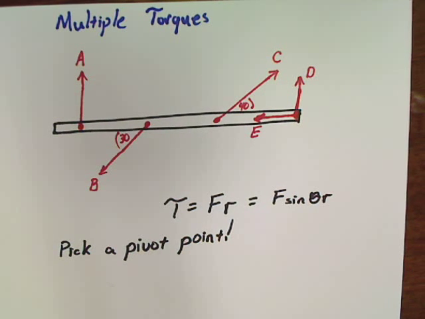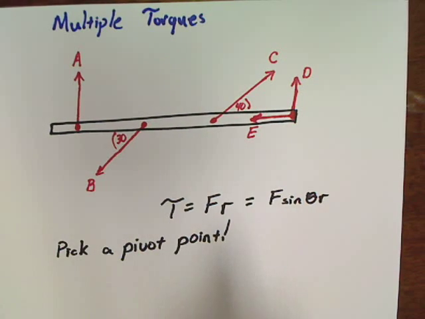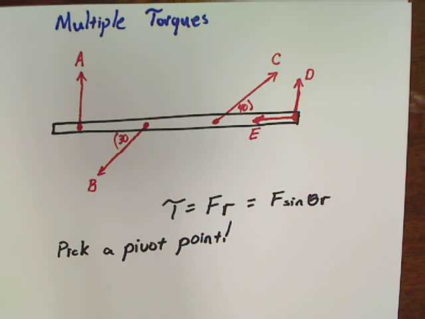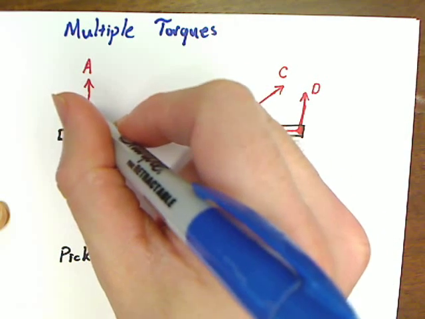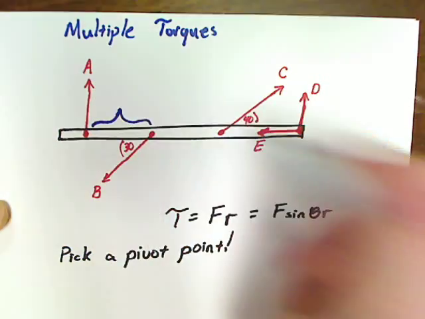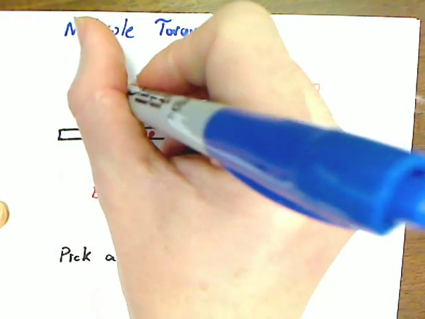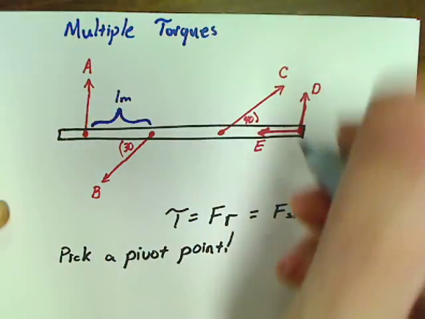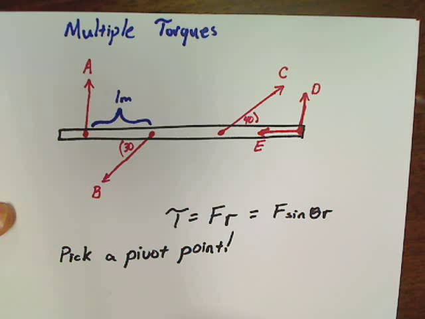Now, before we can really proceed with trying to do all this, we really need some lengths in this problem. Let's say that these two forces are 1 meter apart. I like keeping fairly simple numbers here.